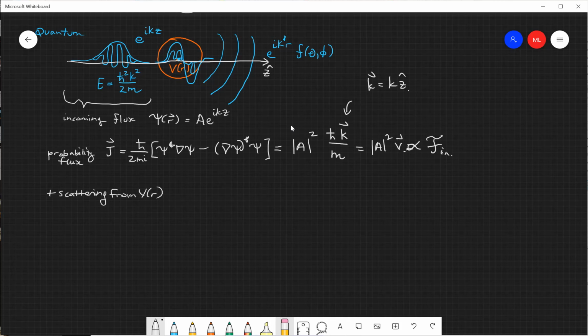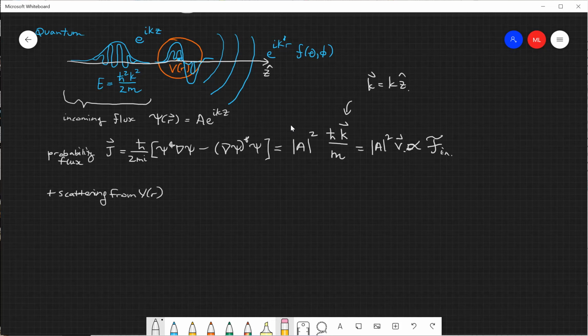If the target's moving, you'd want to go to a center of mass frame, and then you'd have two different coordinates, one for the target and one for the incoming particle. And then you'd have to write down the total energy, which is the sum of the kinetic energies for the target and the initial particle. And then you could change coordinates to center of mass plus a relative coordinate.